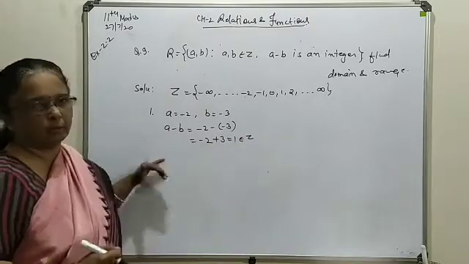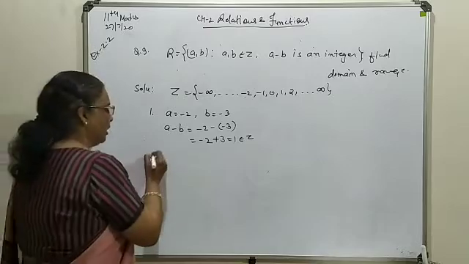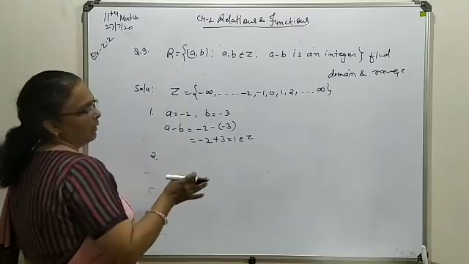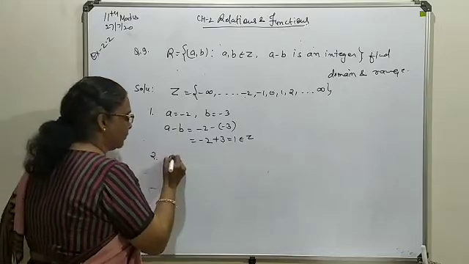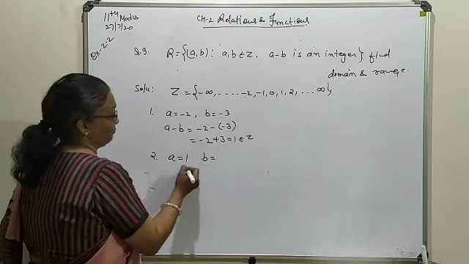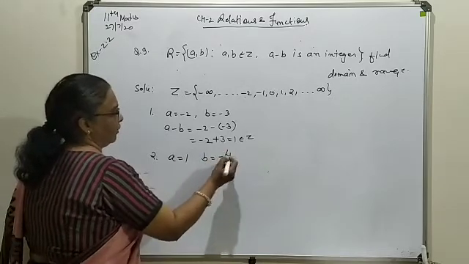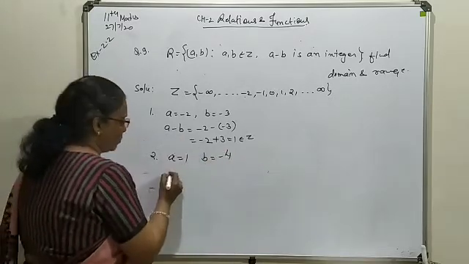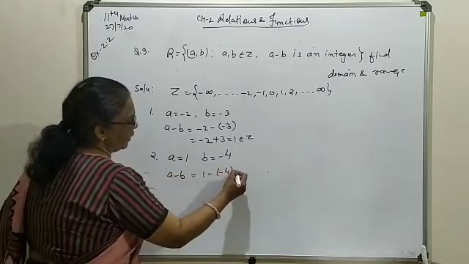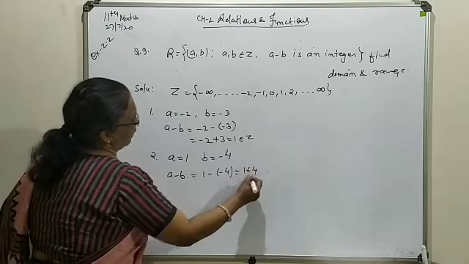So this way one more combination we are going to discuss, which will give you the idea about the solution for domain and range. Suppose we take a is 1 and b is minus 4. Anything you can take. So a minus b means 1 minus minus 4. Here it will give you 1 plus 4, that is 5.